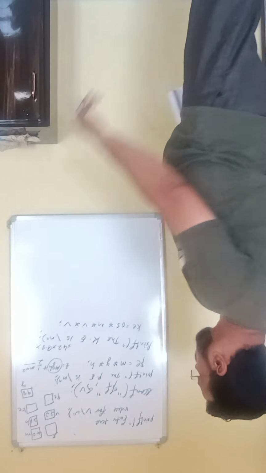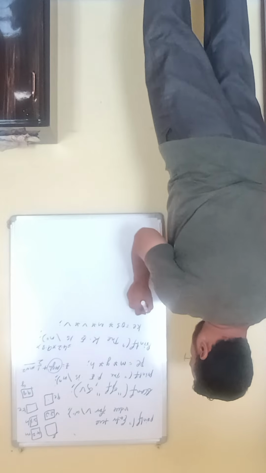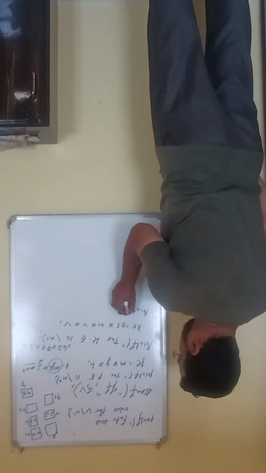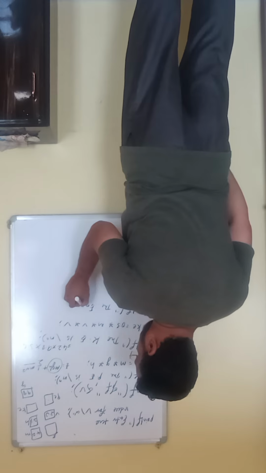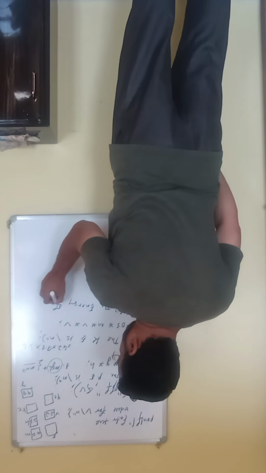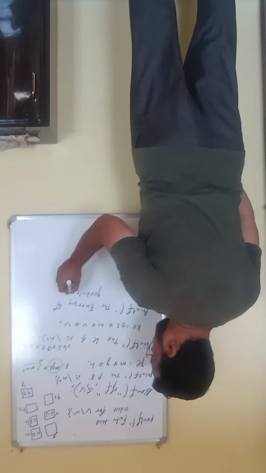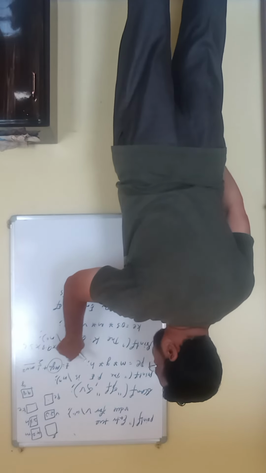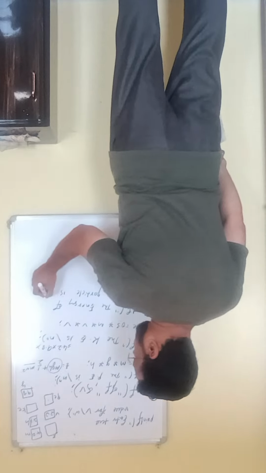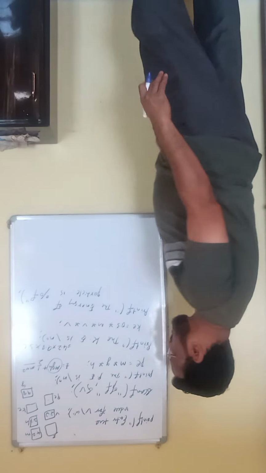Now we have to find the final energy, this plus this. So we can write one more printf: the energy of particle is. What type of variable is this? Floating point. So just write %f and close this.